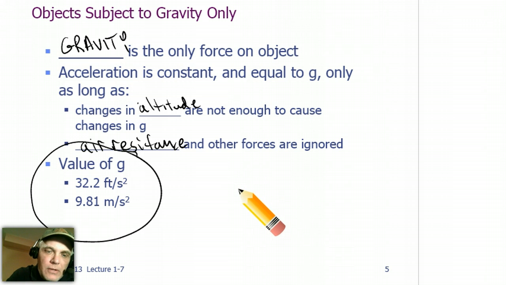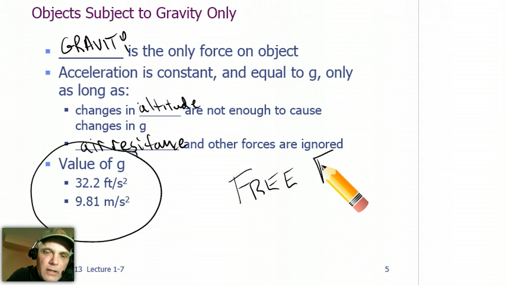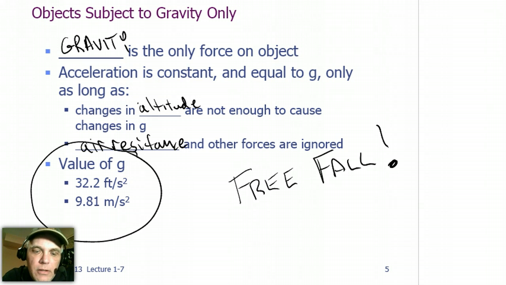I know I've said it, but this only applies when you're freely falling. We need to remember that. One of my pet peeves is people who use an acceleration of g just arbitrarily.